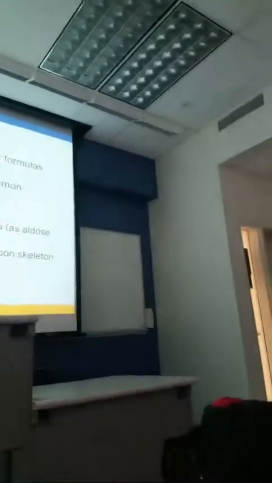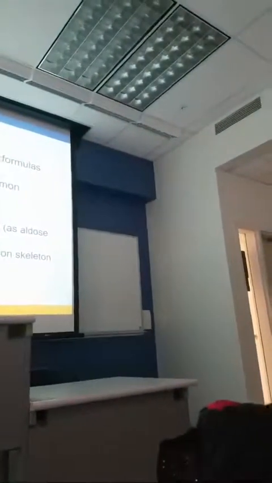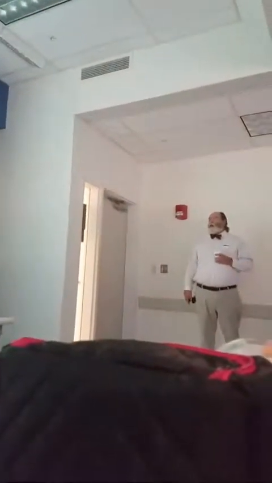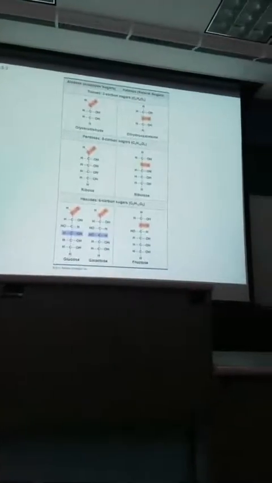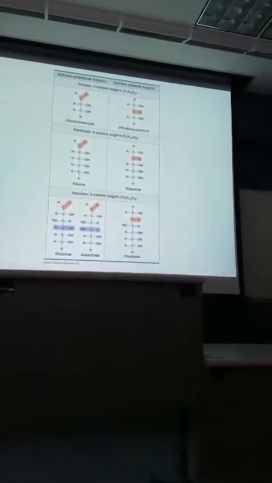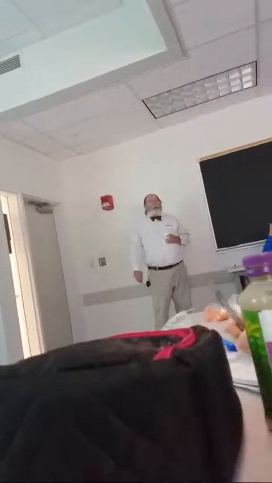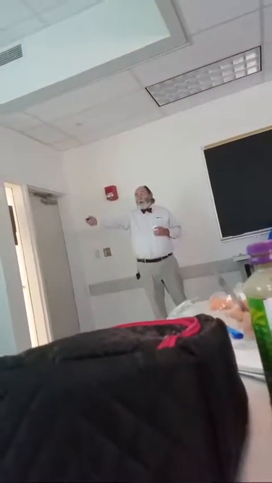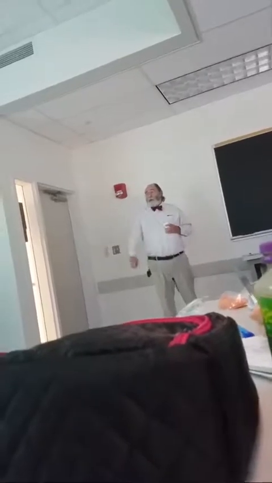And we said on sugars, there will be a carbonyl group, that is the carbon double bonded to oxygen. Where it is placed on that carbon skeleton will determine whether that sugar is called an aldose. If it's on the end, it's an aldose. If it's on the second carbon, it is a ketose.